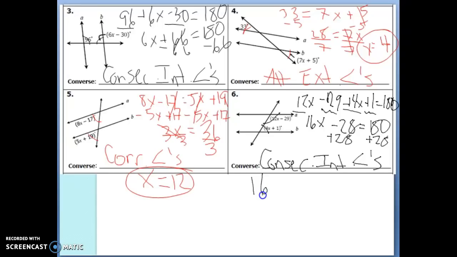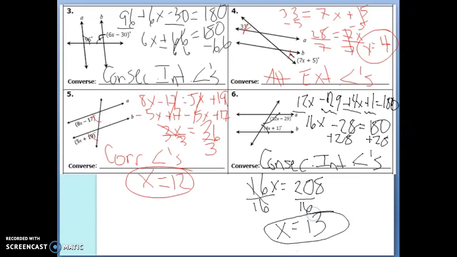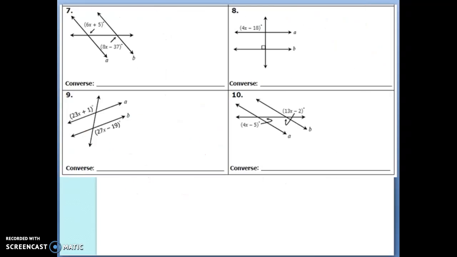So 16x equals 208. And then we're almost there. Divide by 16 to get x alone. X equals 13. So of course, consecutive interior angles add to equal 180. They are not congruent, keeping that detail separate.